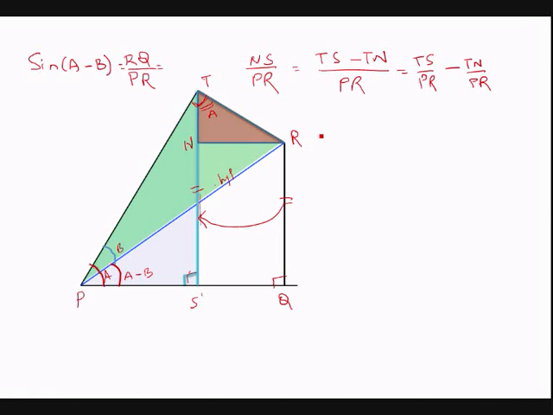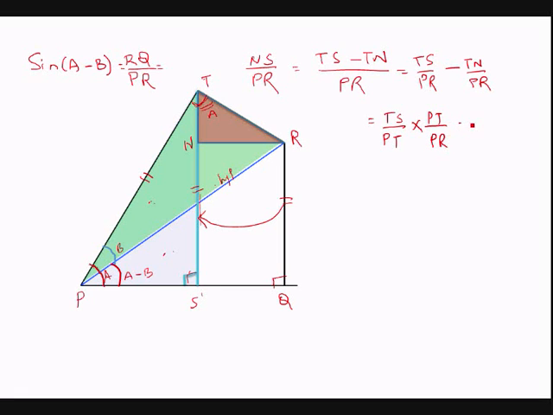Let us see what is TS over PR and where they stand. TS stands as one side of the blue triangle and PR is one side of the green triangle. So TS over PR should be combined together using a common side between the blue and the green triangle, which is PT. Therefore, let me introduce the side PT as before.